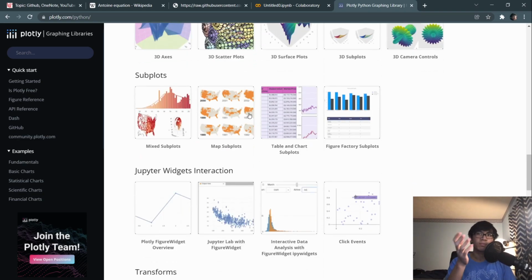Subplots are basically used for layering information. You're comparing different types of data so you can just see the connection better.